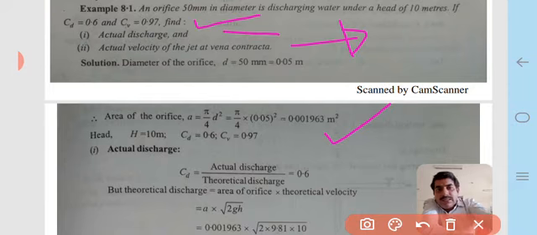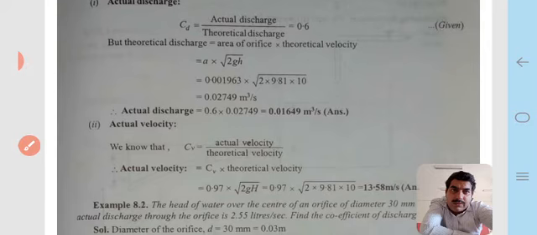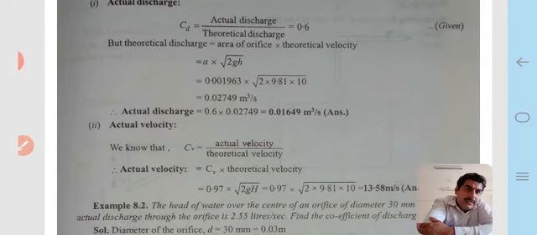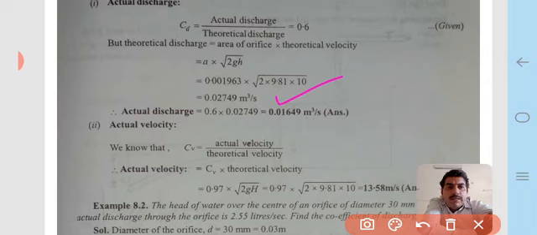Therefore, what is the actual discharge? The coefficient CD is equal to actual discharge upon theoretical discharge, which is equal to 0.6, as given. Theoretical discharge is equal to area of orifice into theoretical velocity, where the area of the orifice is small a, and the theoretical velocity of the water is under root 2gh. Putting in all the values, the theoretical discharge is calculated as 0.02749 meter cube per second.